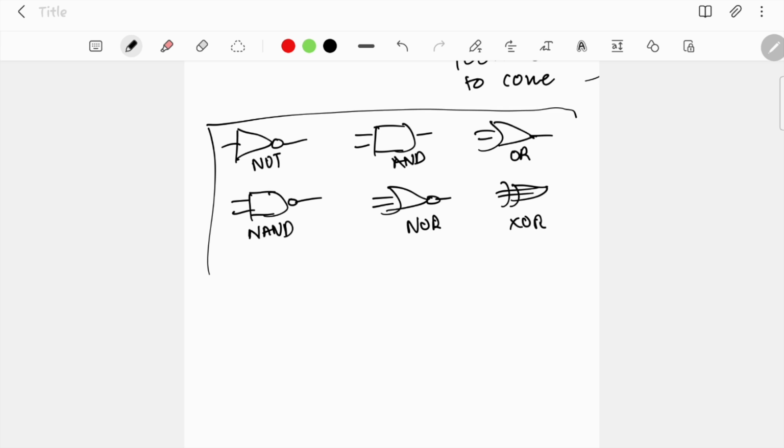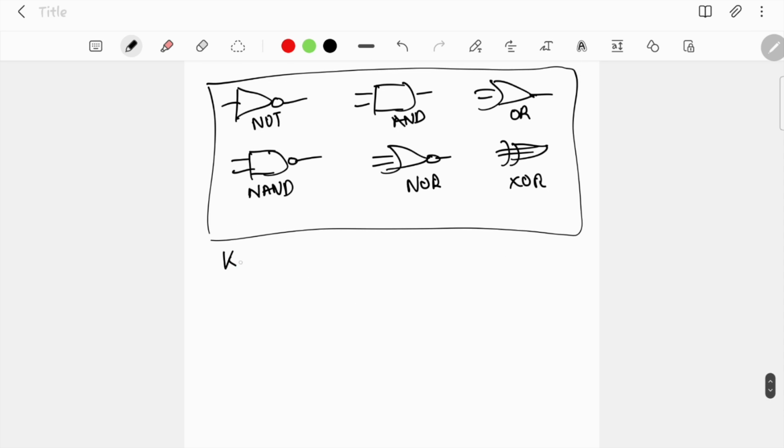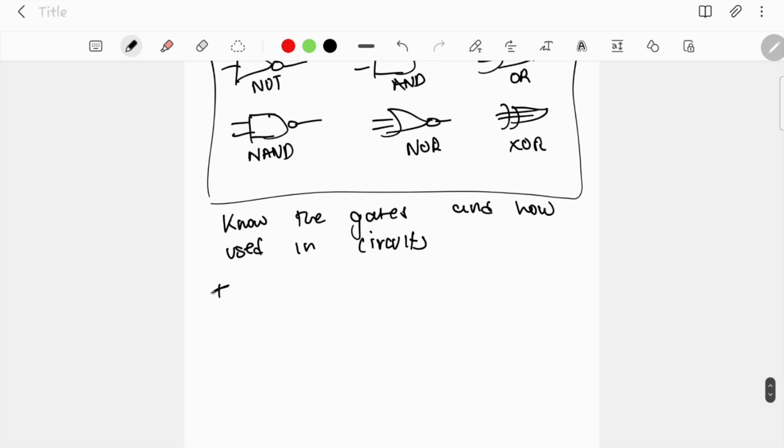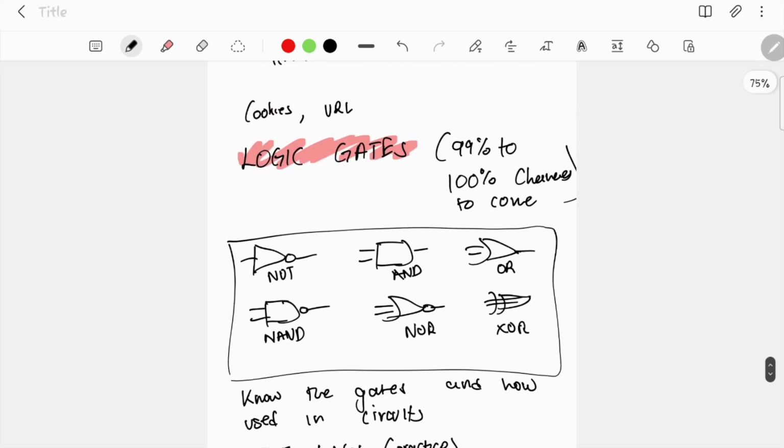So you need to know the gates and how they are used in circuits. Okay, also look at truth tables. So go over truth tables and just simply practice. For logic gates, just practice. It's almost similar from one question to the other.